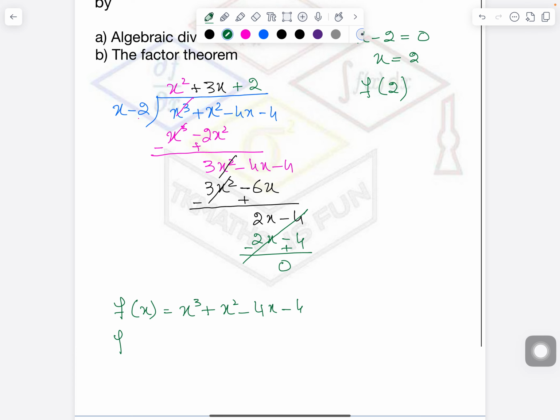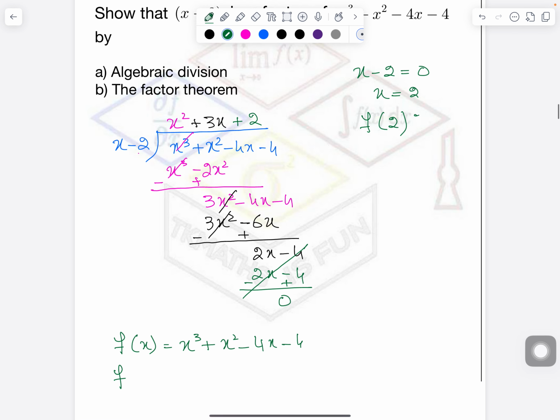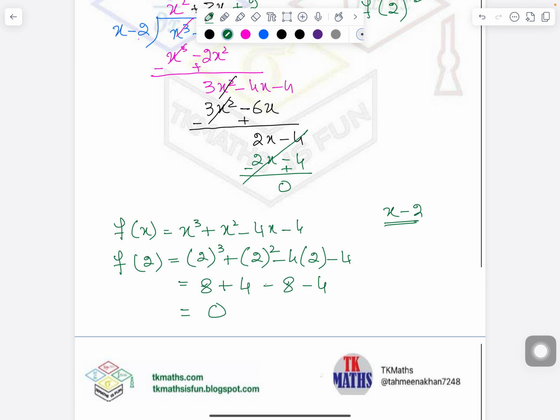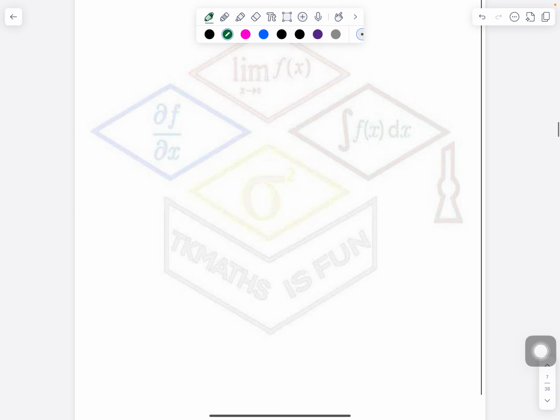So in this one I will substitute 2, which we have found from here, and the answer should come 0 if it is a factor, right? So it is coming 0. So we have shown that x minus 2 is a factor of f of x through algebraic division and through the factor theorem.